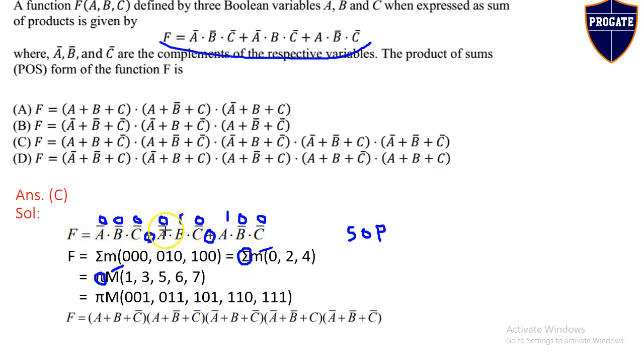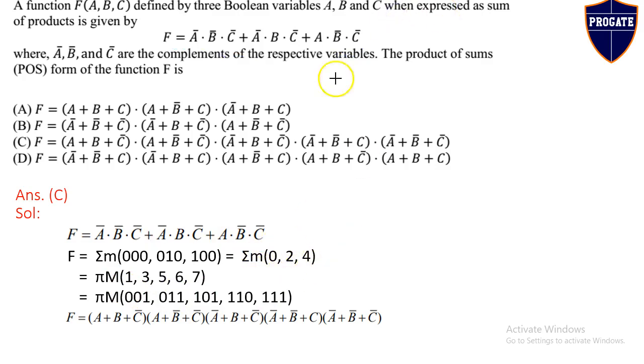This is min term 1, min term 2 and min term 3. Pi means product. Hence in the options all the answers are in product of max terms, or product of sum terms. So while converting from sigma m notation to pi capital M notation, you need to write those numbers which are not available here.